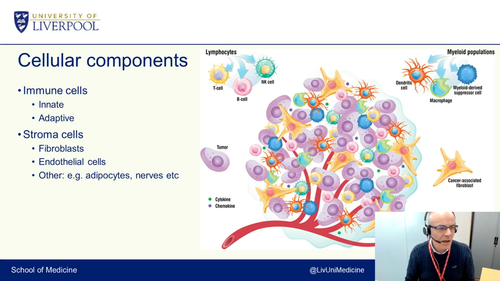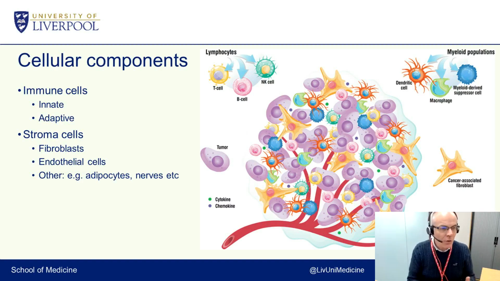So what about the cellular components? Well, the immune cells are very important. And there are both innate immune cells, that is a part of the innate immune system, the non-specific immune system. So we're talking about neutrophils and macrophages and other dendritic cells.